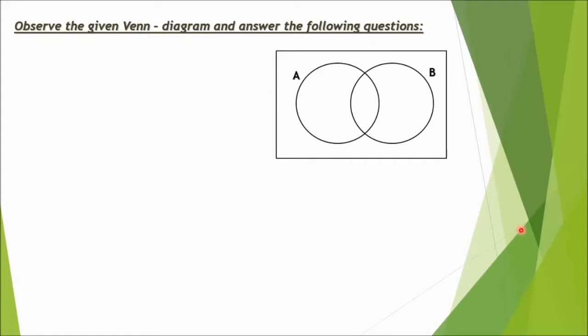This rectangle is the universal set. Now there is element 2, and you can see the different colors: blue 4, 6, 8, pink 3, 5, 7, and green 1 and 9.